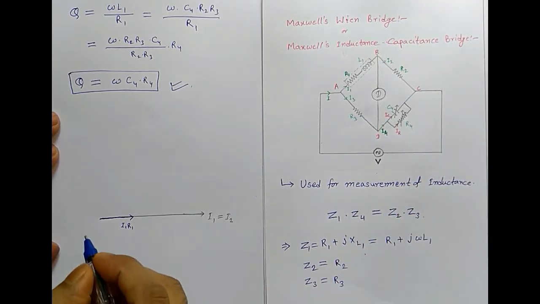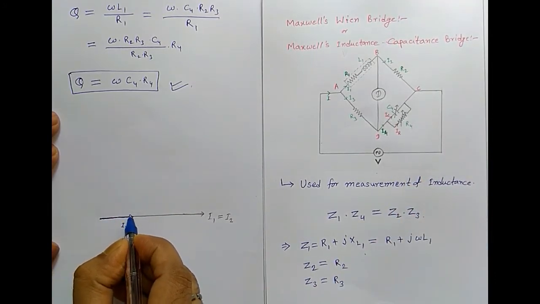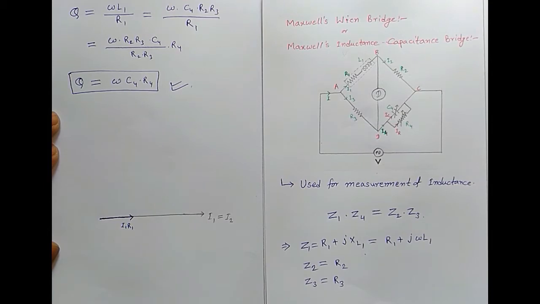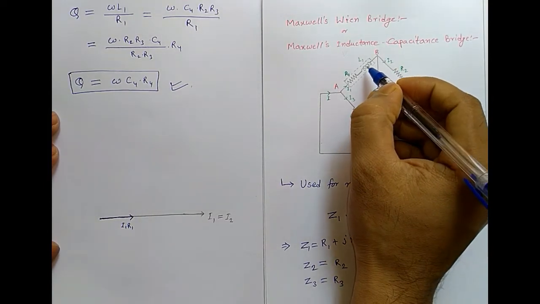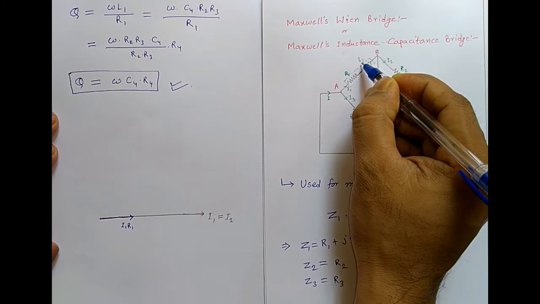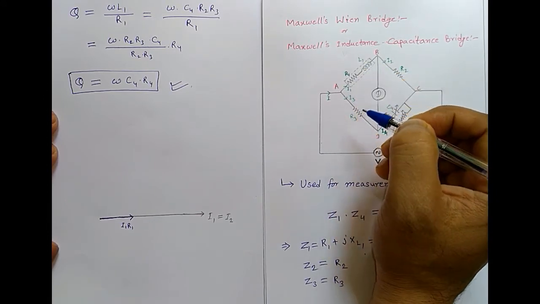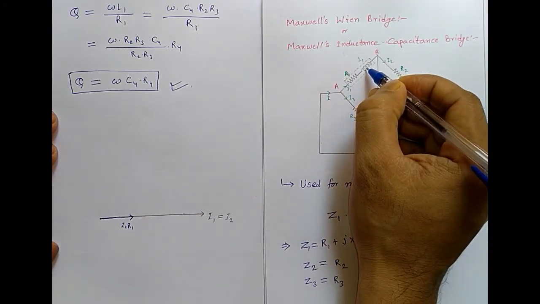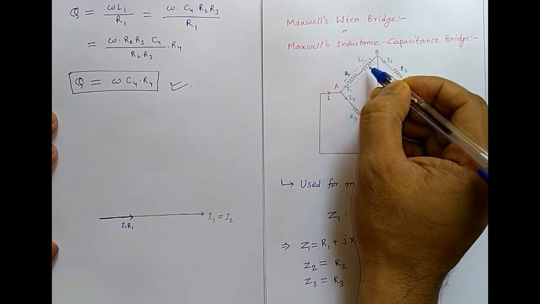Now in which direction will the voltage drop across the pure inductor, I1 into L1, be?